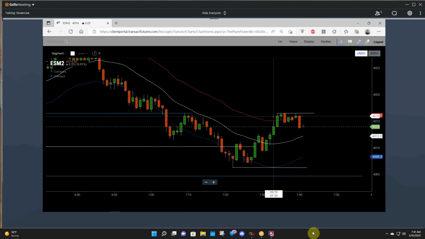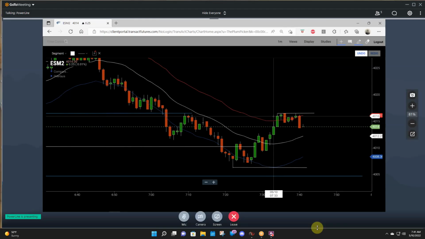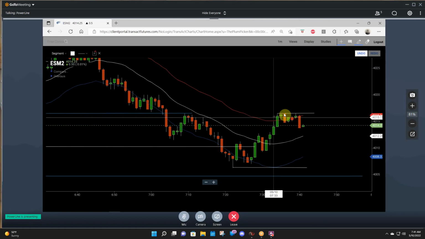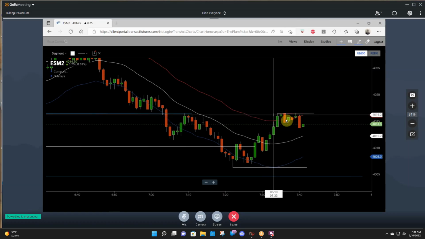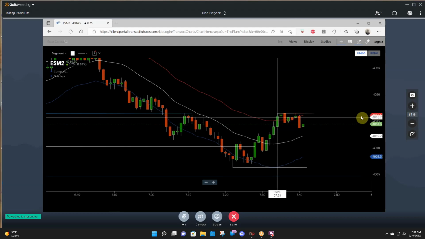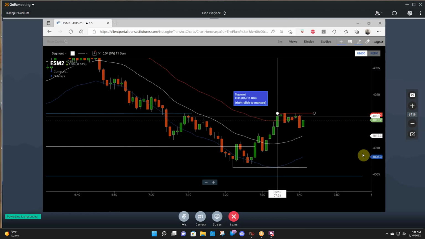Here's where the body rolled over. So it's not quite a volt. So I either go in at hawk, because I can't go in under here, because my worst fill is going to be where the hawk is, because it's not a volt. So if it was a volt, then I'd be able to get in right here, right?